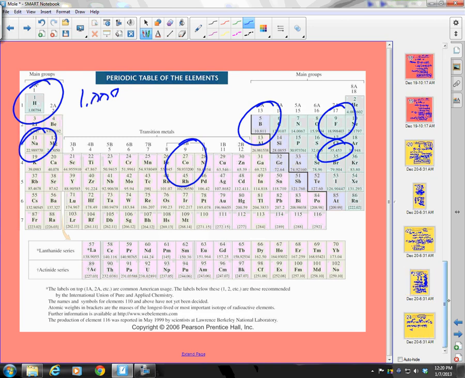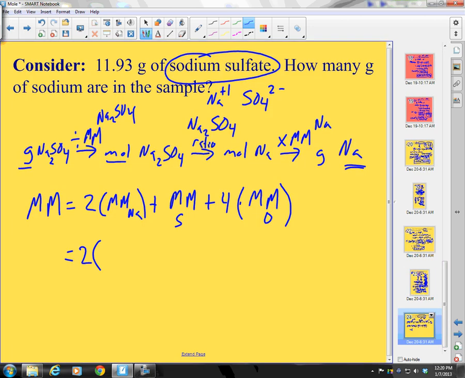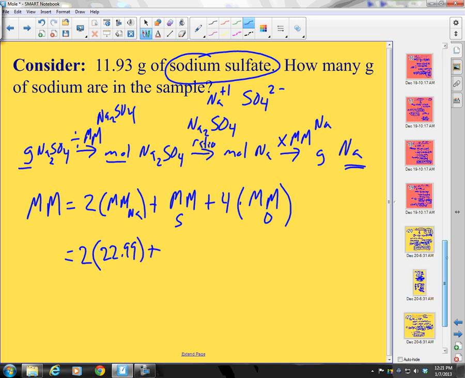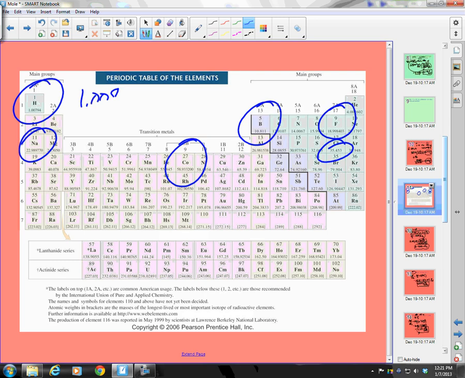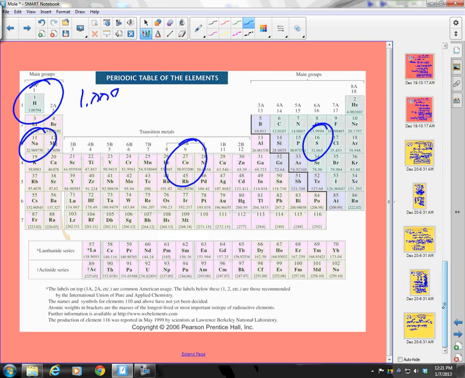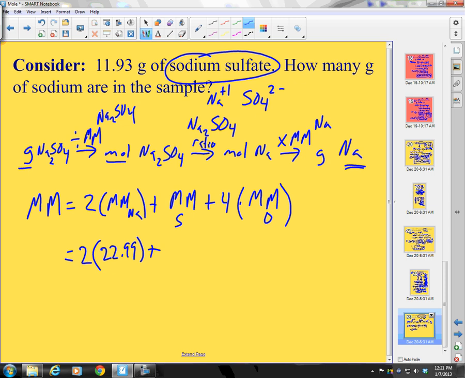22.99. Plus 1 times sulfur. What's sulfur? 32 point something. 32.07 it looks to me here, right? 32.07 plus 4 times 16.